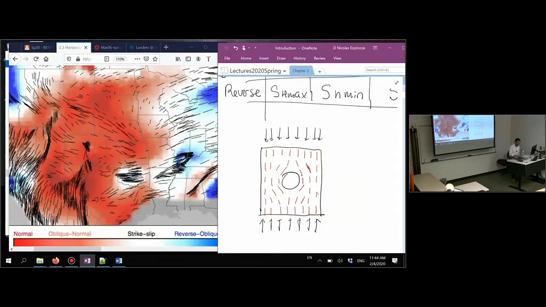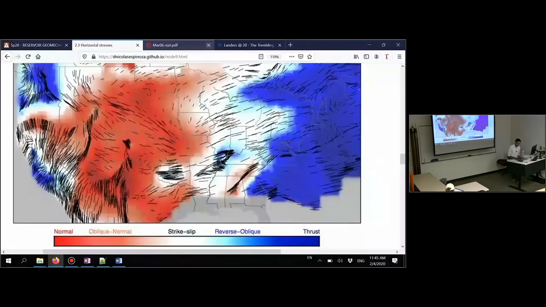So we know, for example, that somewhere around here is the Eagle Ford formation, so Austin right somewhere over here, and the Eagle Ford somewhere over there.